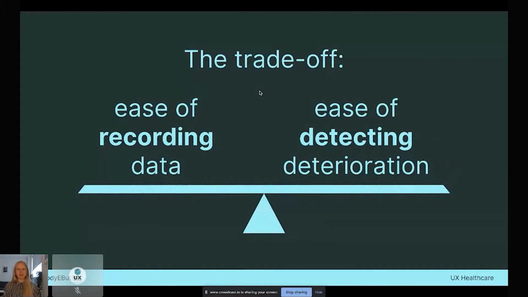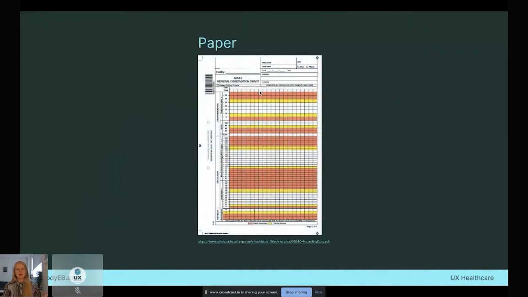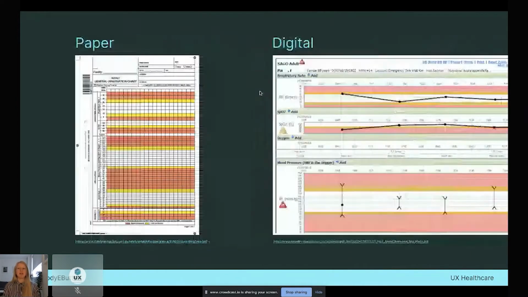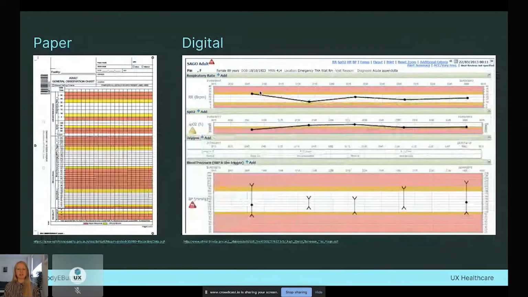But as you can imagine, within a high-intensity clinical situation, we need both of these to be true of the tools that our healthcare providers are using. So as we've started the digital transformation of healthcare around the world, here's just one example of a digital graph that was built.